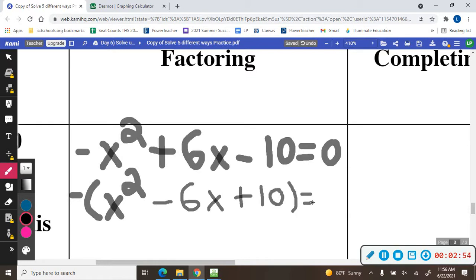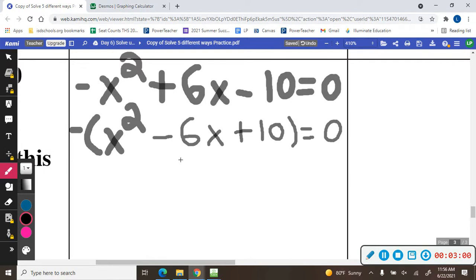Now from there, I have a quadratic, second power, a is 1, so I make the factor x. And I'm trying to find two numbers that multiply to 10, but add to negative 6. So I think, okay, 1 times 10 makes 10, but if you add and subtract 1 and 10, you either get 11 or 9.